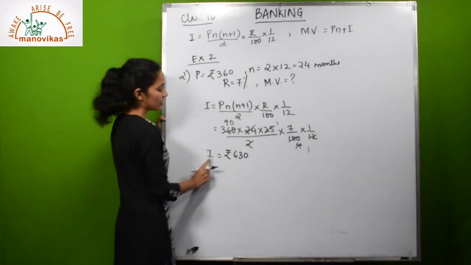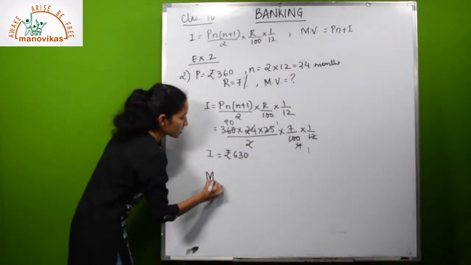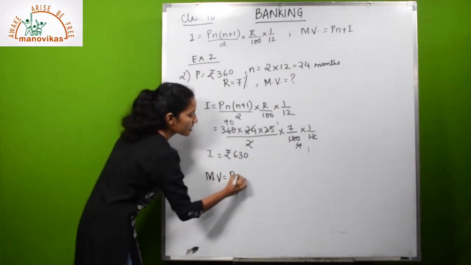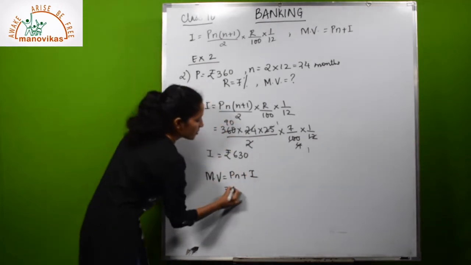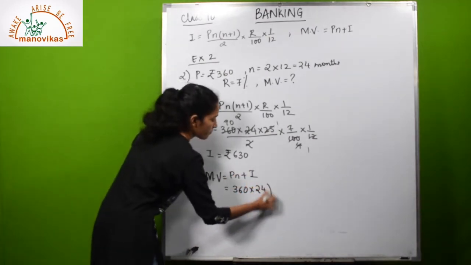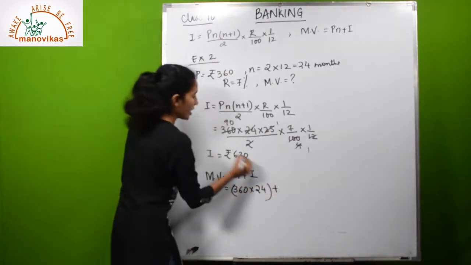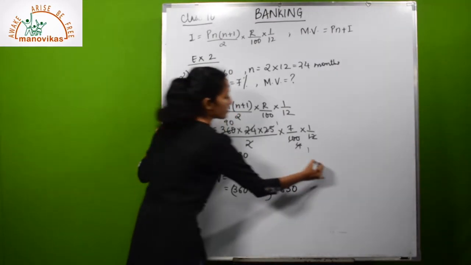Now once we have calculated the interest, now I can calculate the maturity value. The maturity value is Pn plus I. So P is nothing but 360 into 24 plus I is 630. So let us multiply this.